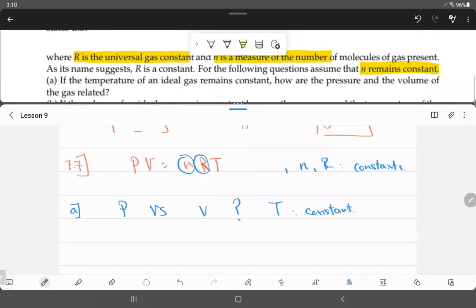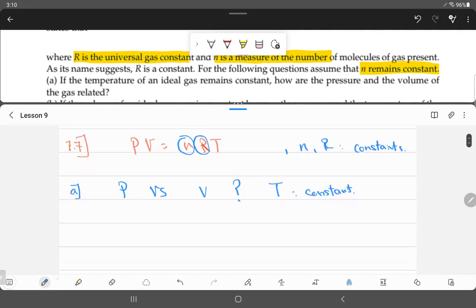It's like the constant of proportionality, the k. So PV equals nRT. The best way to get the relationship is to put all the constants on one side and keep the other stuff on the other side.